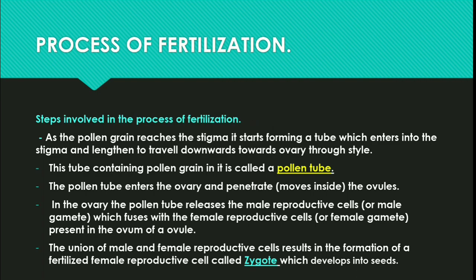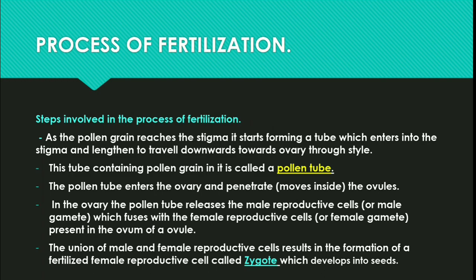Third step, the pollen tube enters the ovary and penetrates or moves inside the ovules. Now, this pollen tube will enter into the ovary where ovules are present. What are ovules? They are the female egg cells.